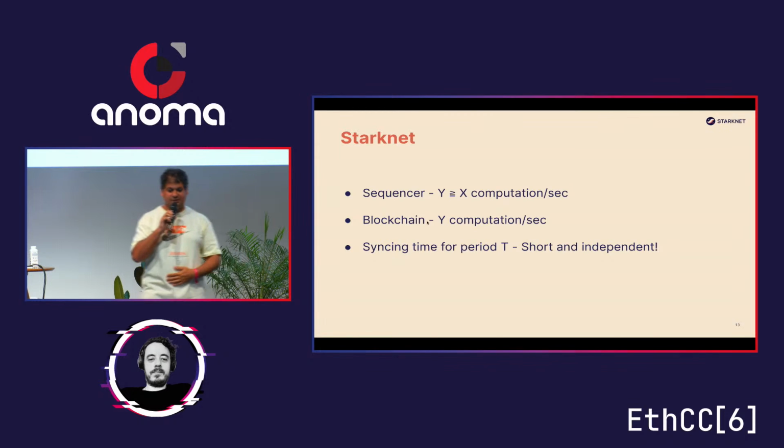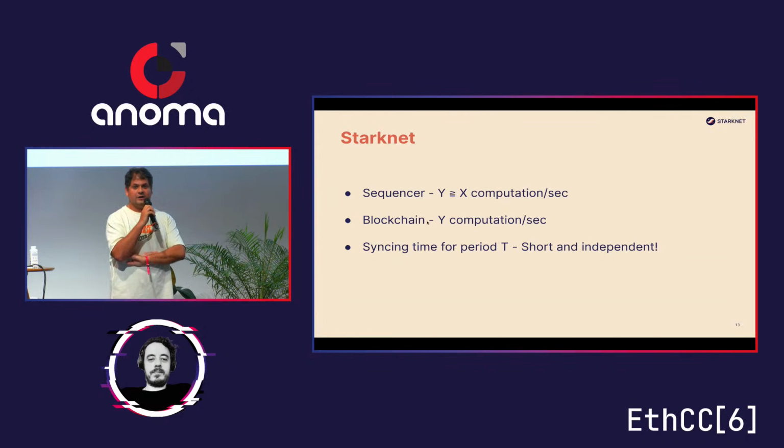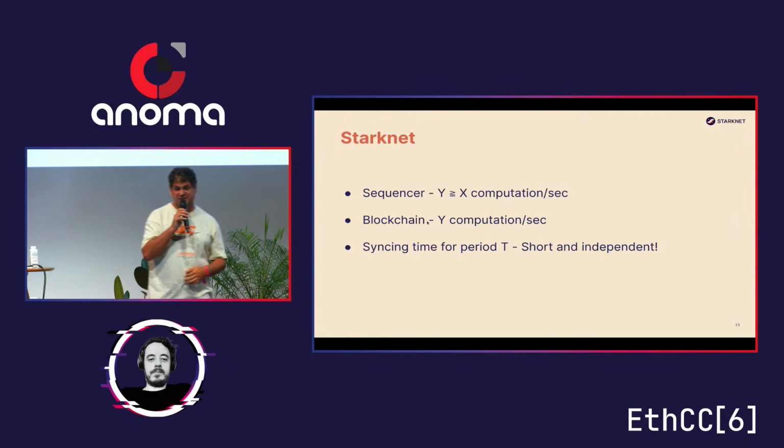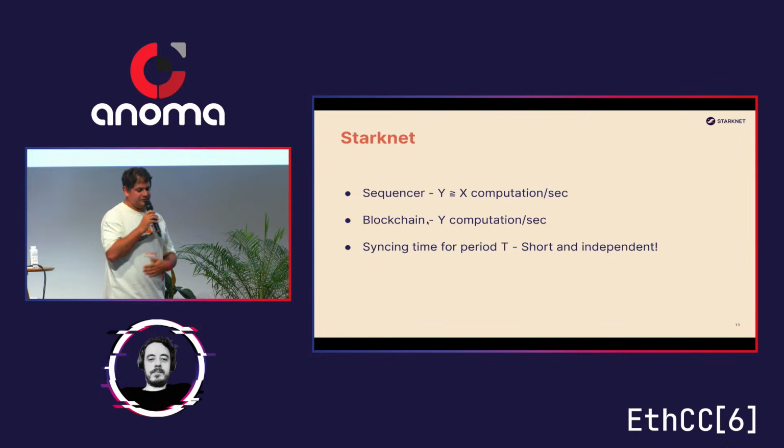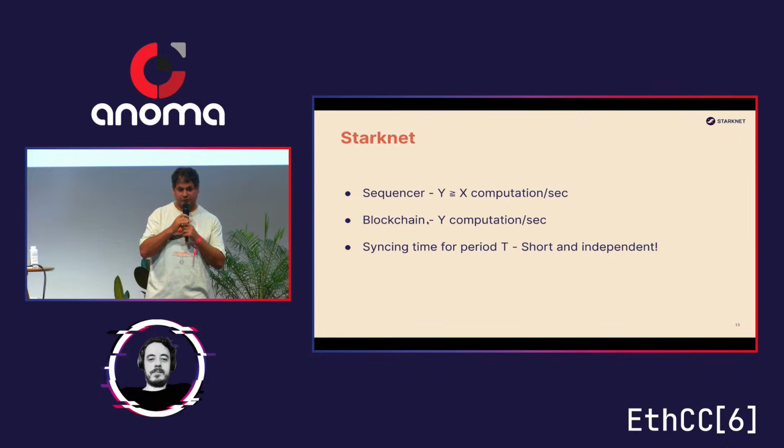In particular, the synchronizing time for any full node on the network is going to be very, very short, basically just verifying proofs, which takes milliseconds, and is independent of whatever we limited the computation on the network.